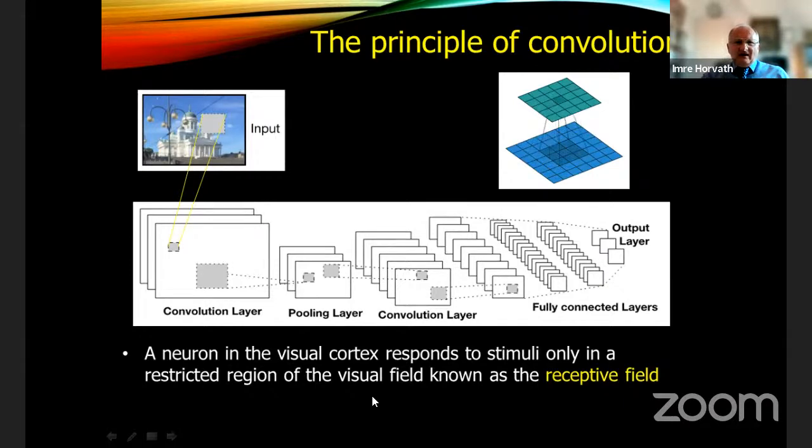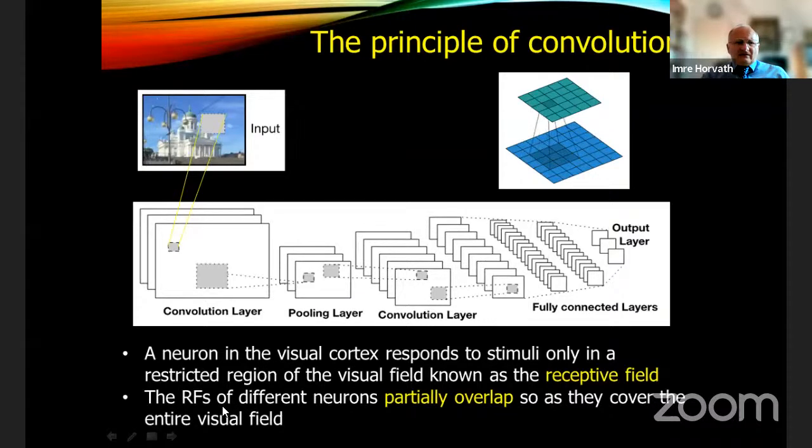The neuron's individual stimuli, however, is only a stimuli to a restricted region of the visual field known as the receptive field. So this receptive field concept is applied in the convolutional neural network for identifying the focus of attention from time to time. The receptive fields of different neurons partially overlap so as to cover the entire visual field.